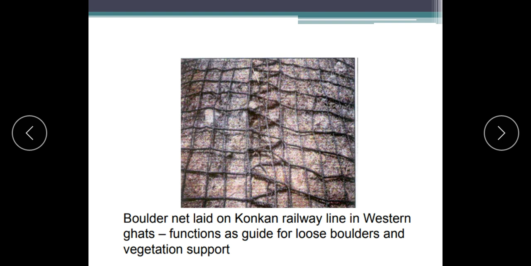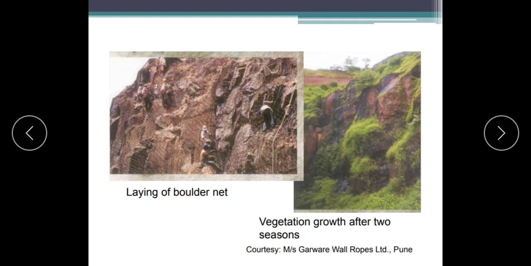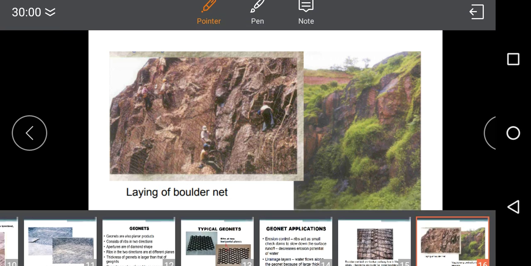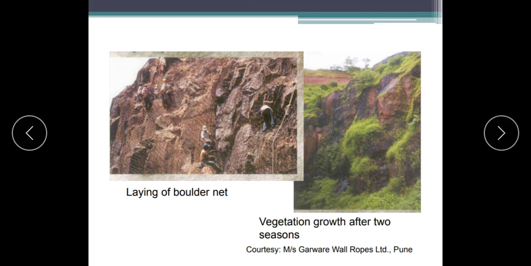To avoid that, boulder net has been laid, which acts as a guide for the loose boulders. In the first figure, the laying of boulder nets is shown. In the second, after 2 seasons you can see there is a growth of vegetation there.